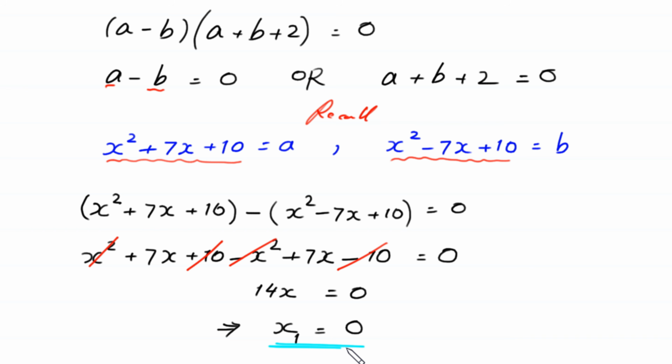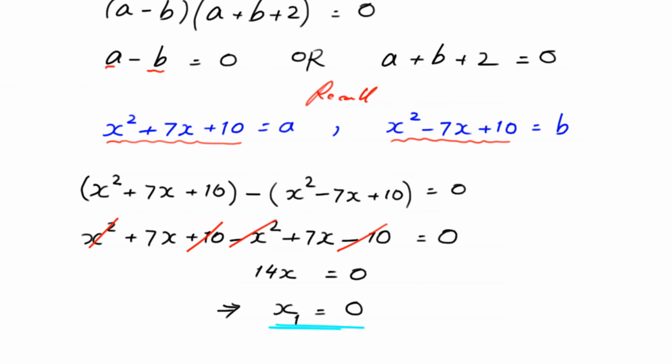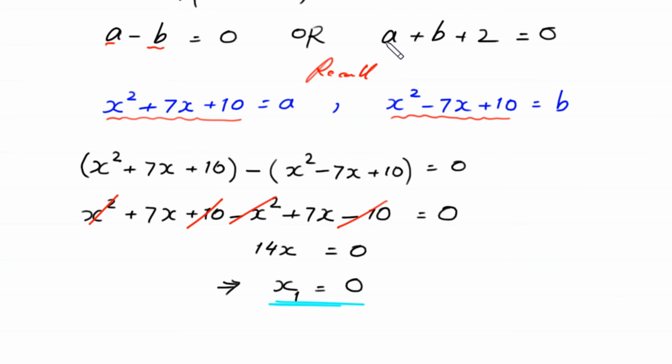Now to find other values of x, in this second equation we put the value of a, x squared plus 7x plus 10, and the value of b, x squared minus 7x plus 10. In place of this a we write this expression, x squared plus 7x plus 10, plus, in place of this b we write this expression, x squared minus 7x plus 10, plus these two is equal to 0.